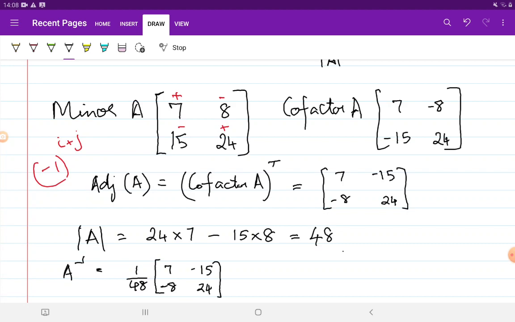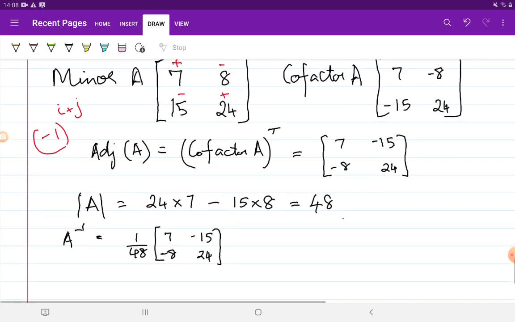You can either leave it like this or use your calculator to multiply 1 by 48 with each element and write it in decimal points. Remember, best practice means that you leave at least 3 decimal places, but even if you reach here, I will give you your marks.